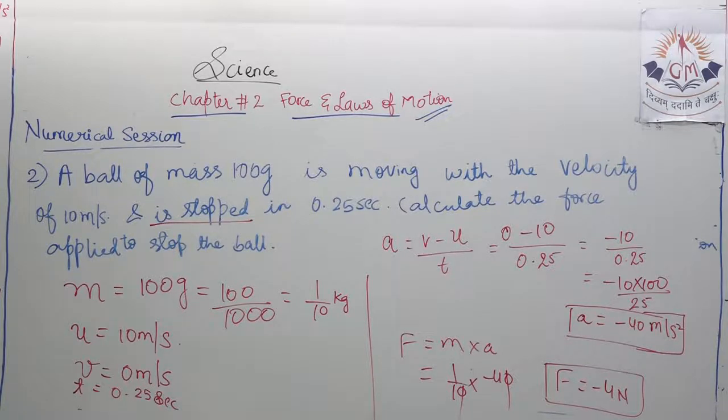You have exactly 1 minute to note it. Then we'll move further. This is the easy numerical, and the numerical that we are going to do after that is quite easy, easier than this.